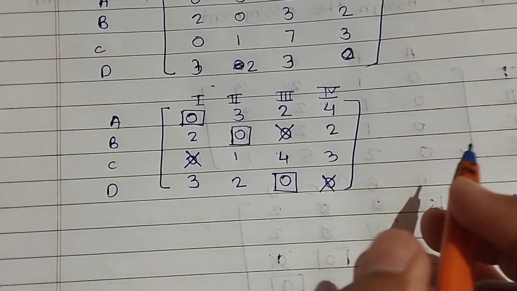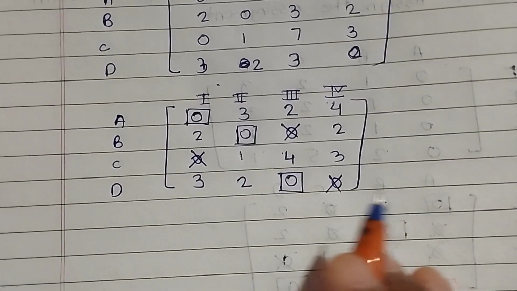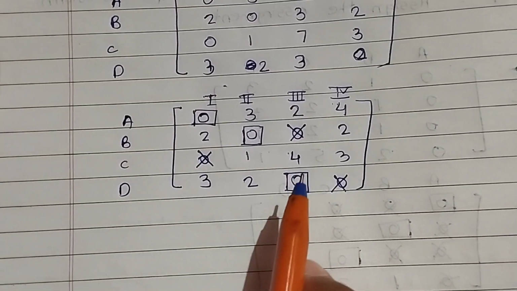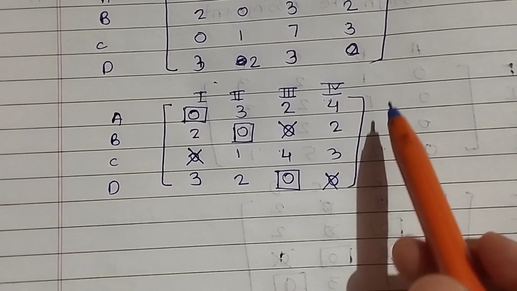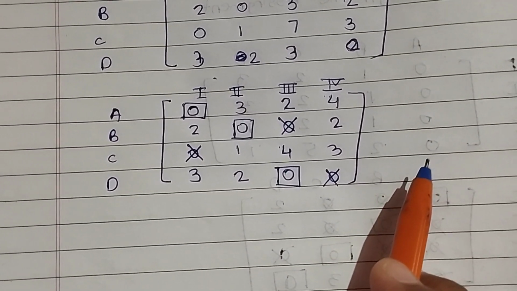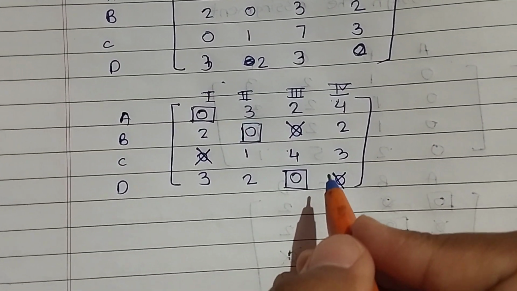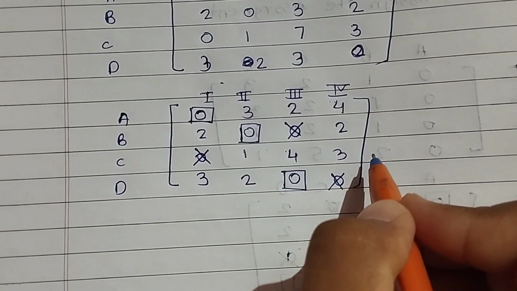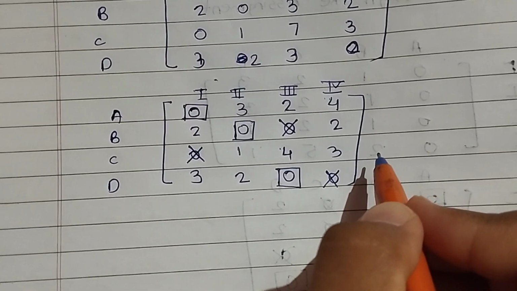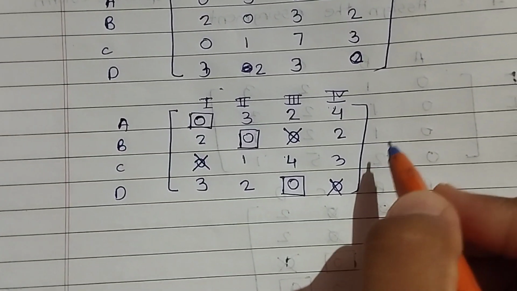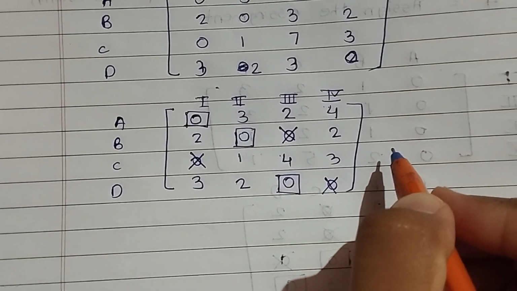So this is not the optimal solution. For the optimal solution we want at least one assignment in each row and each column. In this example we don't have an assignment for the third row. So for that we move to the next step.